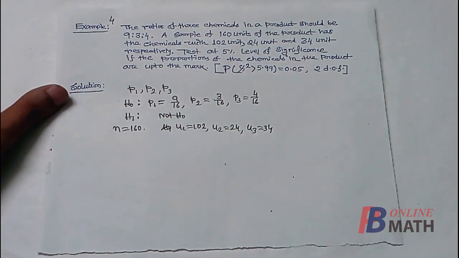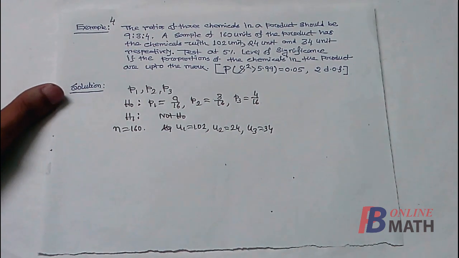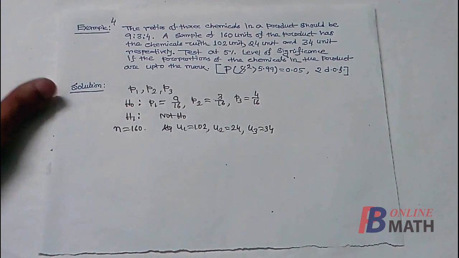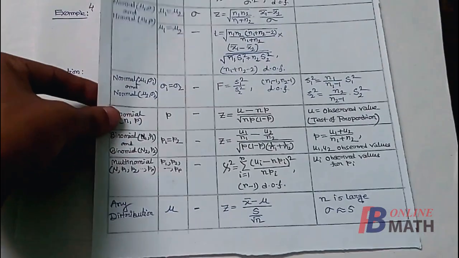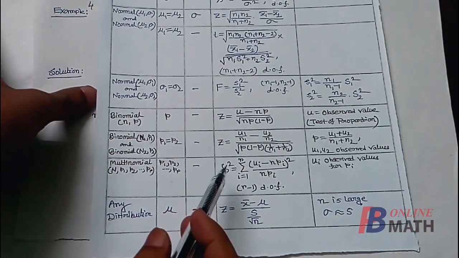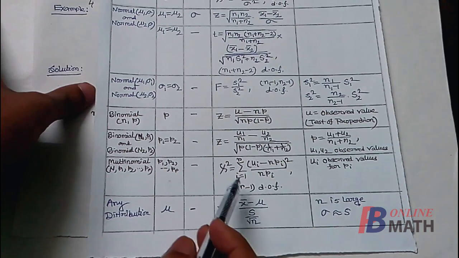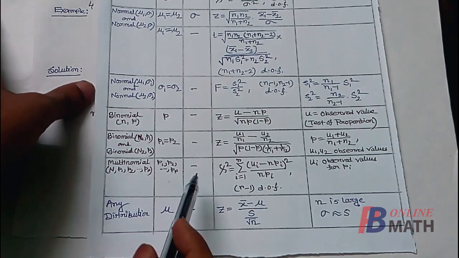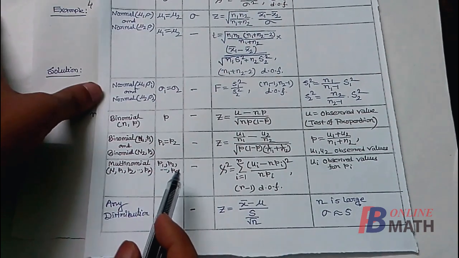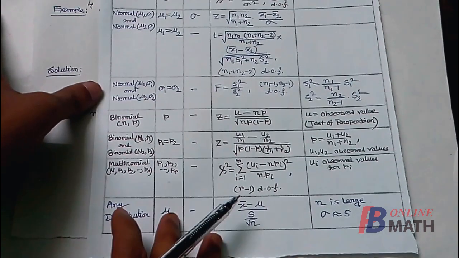Next we shall select the suitable statistic, and since this is a problem of multinomial distribution, from the table we find that there is only one statistic for the multinomial distribution. This is the chi-square distribution, and we have to test the parameters p1, p2 and p3 here, so 3 parameters.